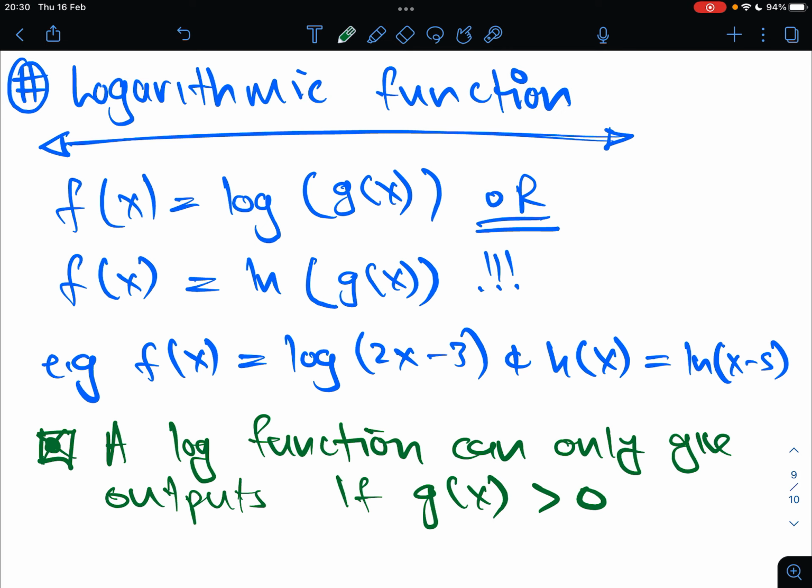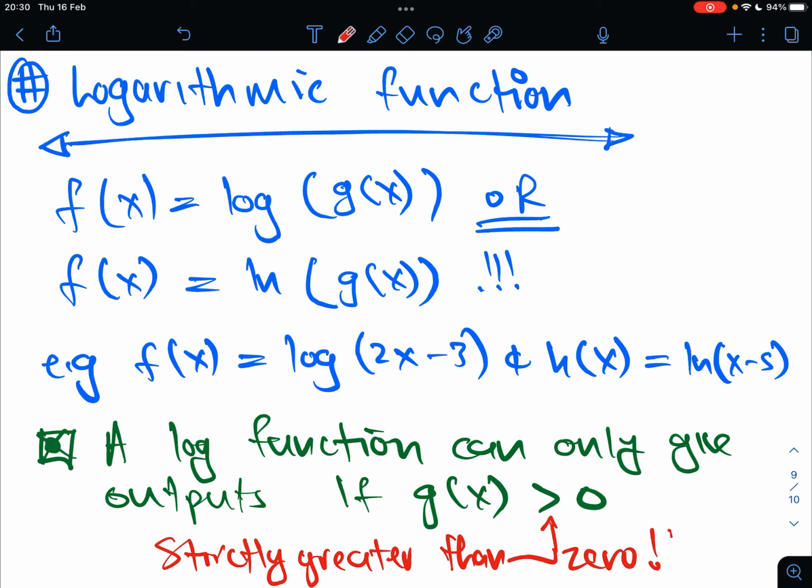It has to be strictly greater than 0. So that's one thing that you should pay attention to. Every time you are given a function that has a logarithmic function in it, and they want you to find the domain, it can be found by knowing this fact. If you happen to know this fact, then it's easy to find the domain.